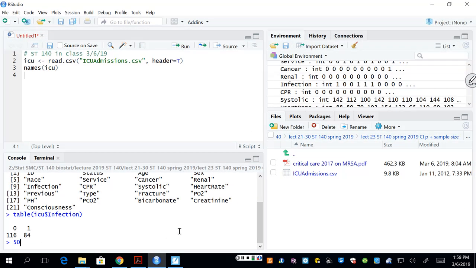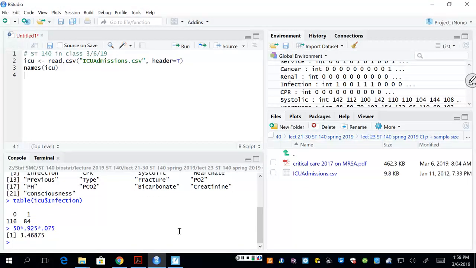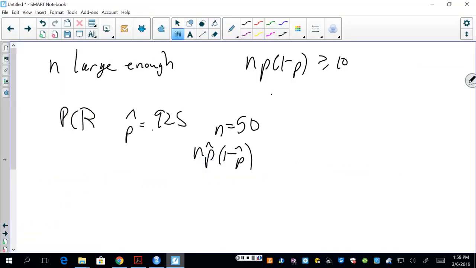So 50 times 0.925 times 0.075 is about 3.5. So that's a little low.